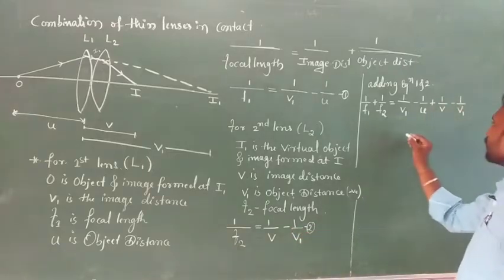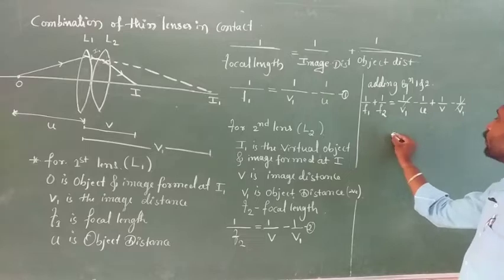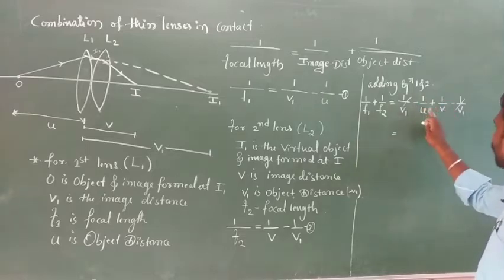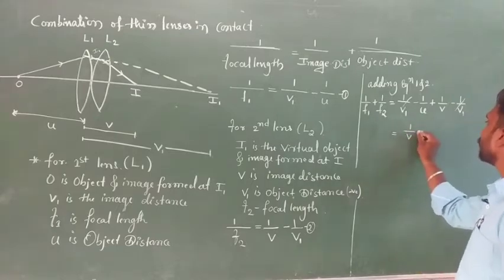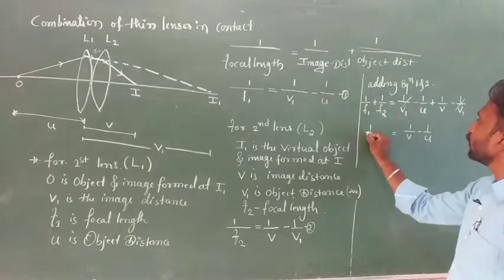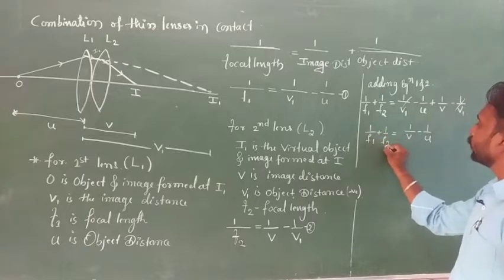The 1 by v1 and minus 1 by v1 get cancelled. Finally we get 1 by v minus 1 by u on one side, and 1 by f1 plus 1 by f2 on the other.